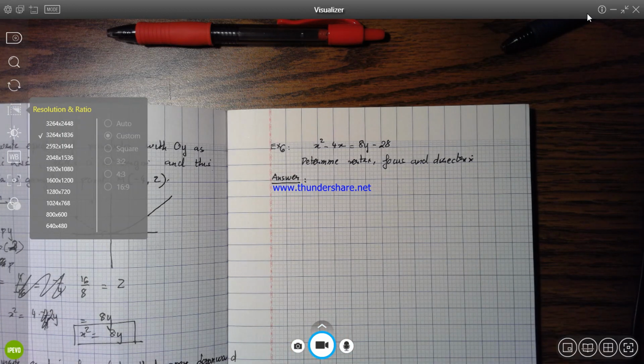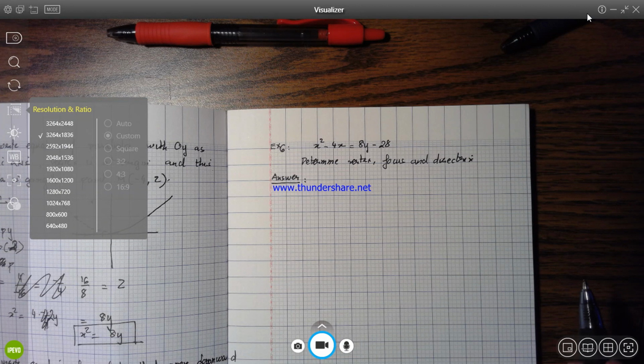In order to determine the vertex, focus, and directrix, we need to bring it back to the form, right? And so far we already learned two forms: the one with the vertex at the origin, and the one with the vertex not at the origin.